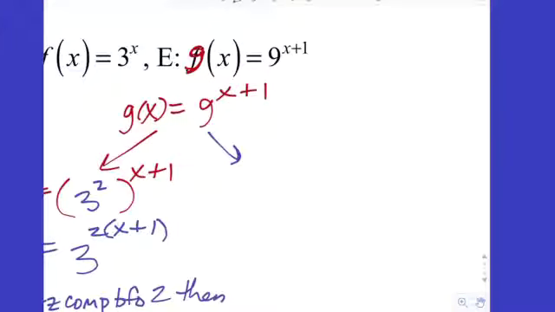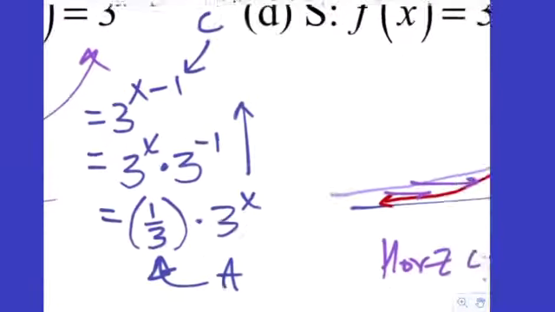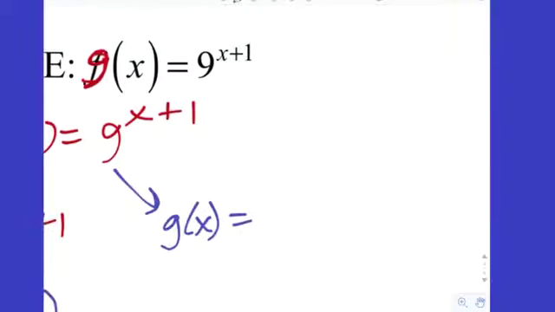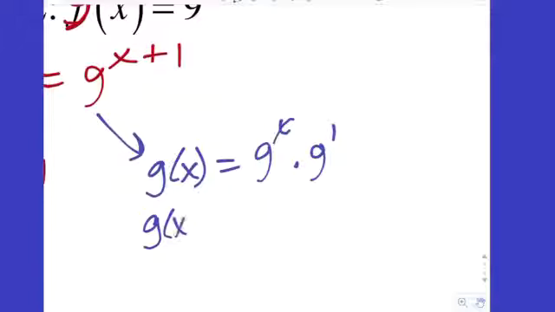The other way to do it is to use the rule of exponents that we did over here when we had the x minus 1. I'm going to split 9 to the x plus 1 up as 9 to the x times 9 to the first. That's using the rule of exponents. Now 9 to the first can come in front as an a value. 9 to the first.